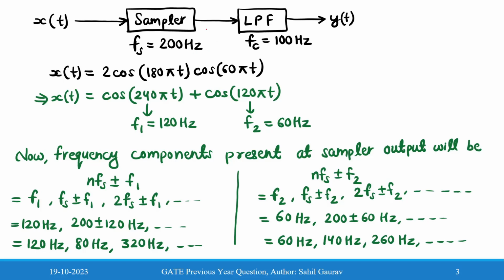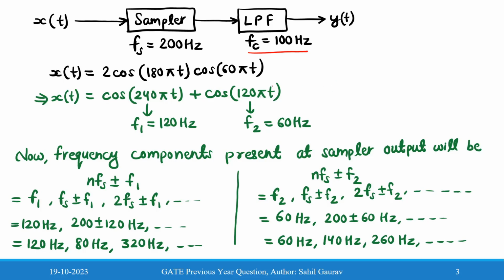The output signal is then passed through a low pass filter with a cutoff frequency of 100 Hz, and we have to find the maximum frequency component present at the output of the low pass filter. The input signal is 2 cos(180πt) cos(60πt), therefore x(t) = cos(240πt) + cos(120πt).